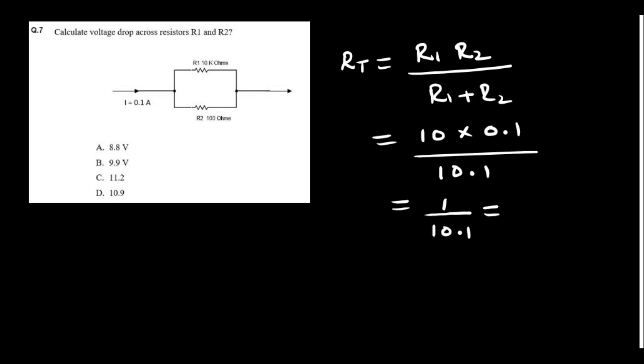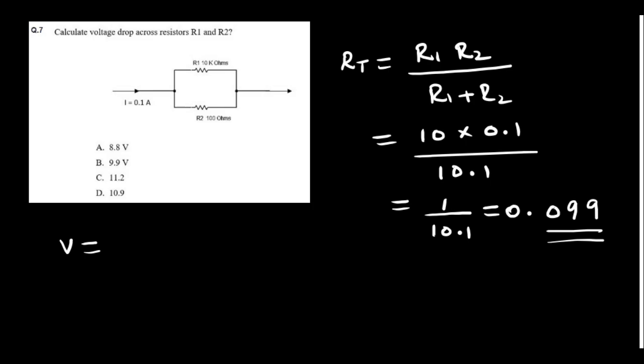How much does it come? 1 upon 10.1 comes to 0.099. That is the RT. So V equals I into R. So our R is always in kilo ohm, I is in milliamps.